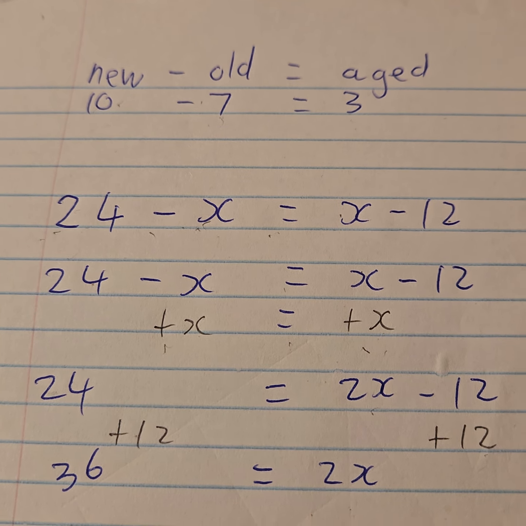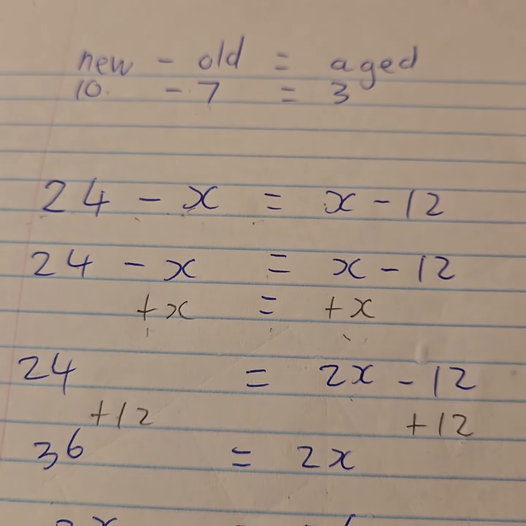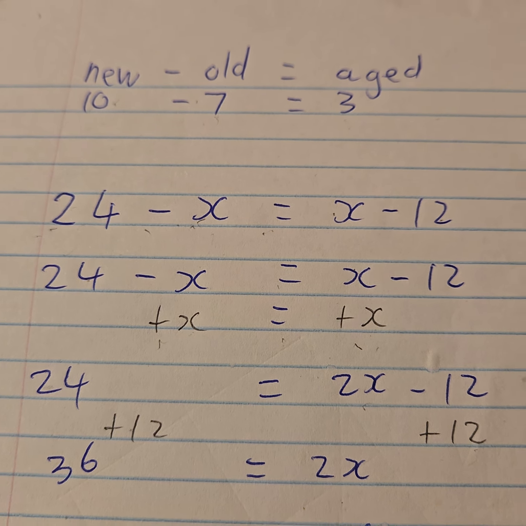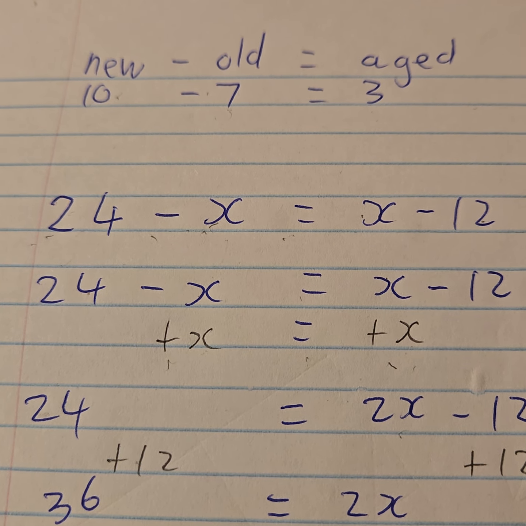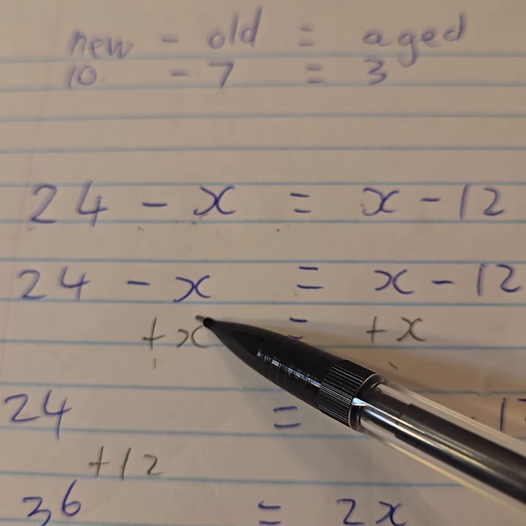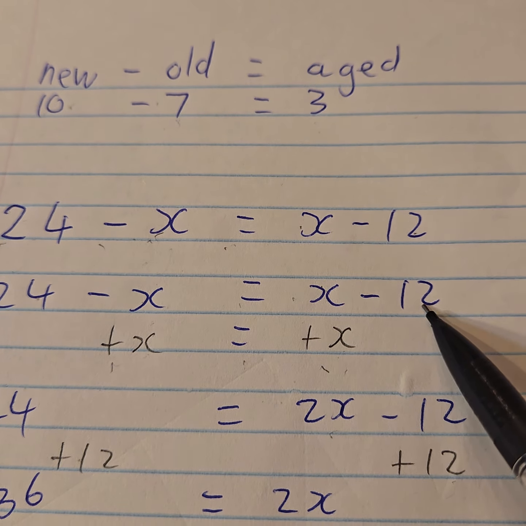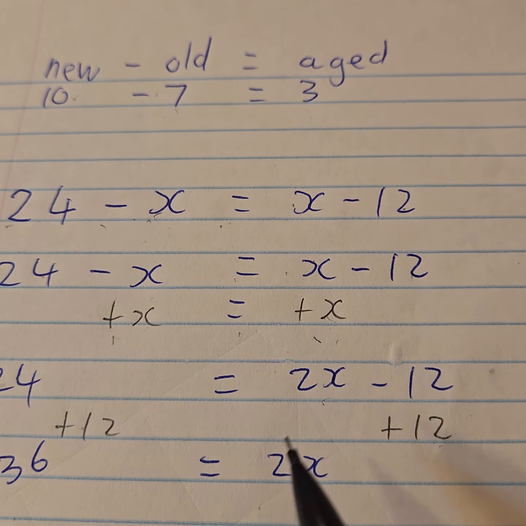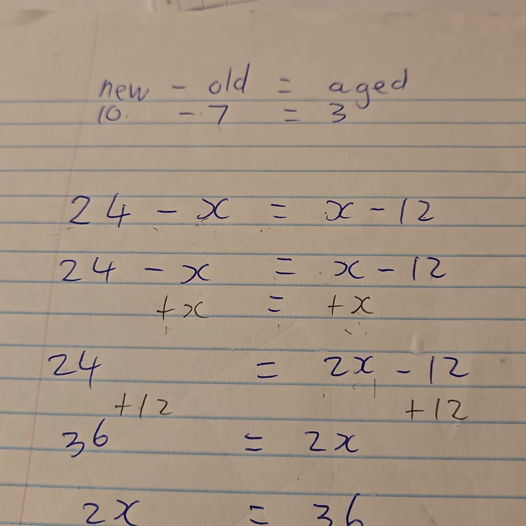Now, why is it helpful? Because minus x plus x, the x's will disappear on the left. And if all the x's are on one side, it's one step closer to solving. It will be easier. So now if I simplify, 24 minus x plus x is now 24. And x minus 12 plus x gives me 2x minus 12. x plus x is 2x.